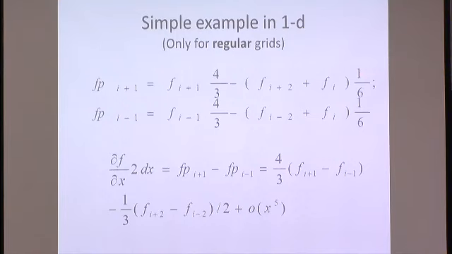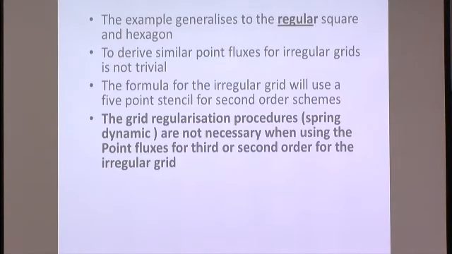If you do the difference, you get what is written here: 4/3 times the small difference and minus 1/3 times the large difference, and that is on regular grids classical fourth order. So I think you can derive classical fourth order from a flux-based formulation and get conservation with it. It generalizes to regular squares and hexagons. Of course, it generalizes also to irregular grids, but that's, in my mind, not at all trivial.